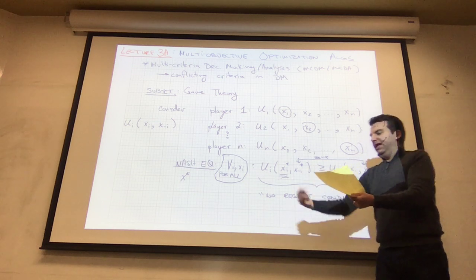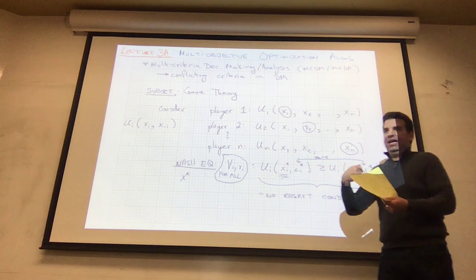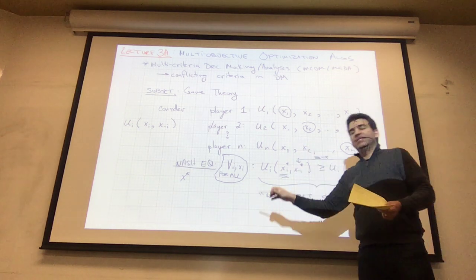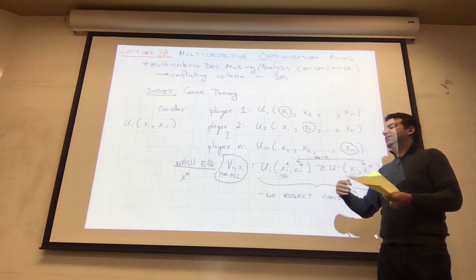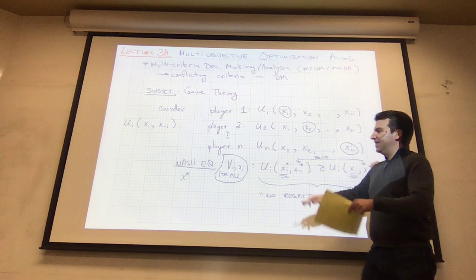Given that these two players can't coordinate, I can't count on that player doing anything good for me. So I have to do what's best for me, given that nobody else is going to be looking out for me. And so this is saying, what is that strategy that everything will shake out to be? And that's what the Nash is.